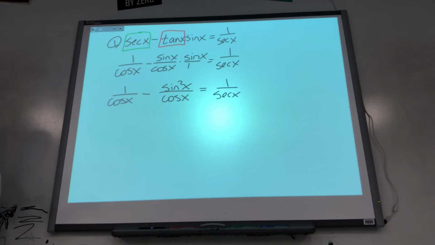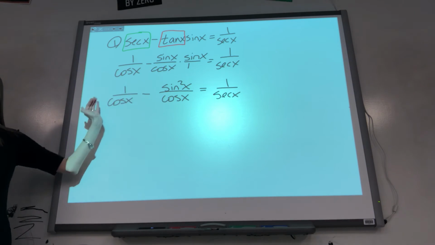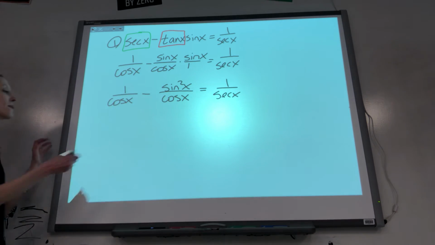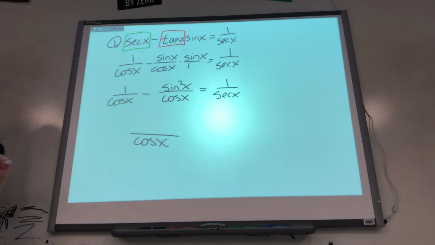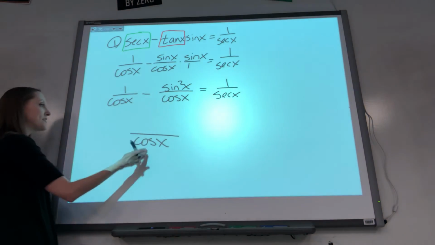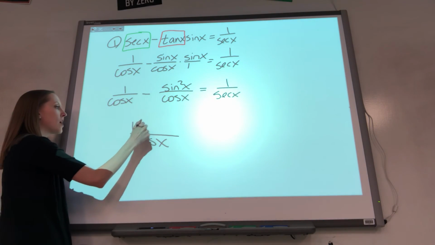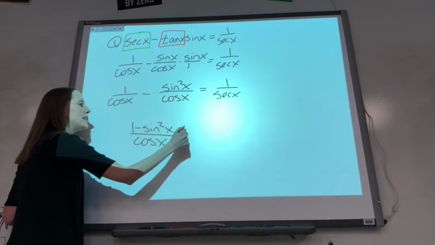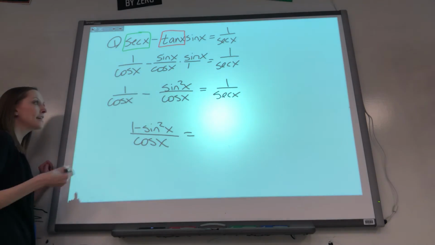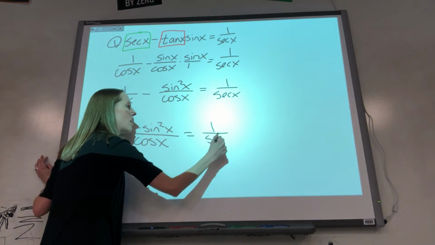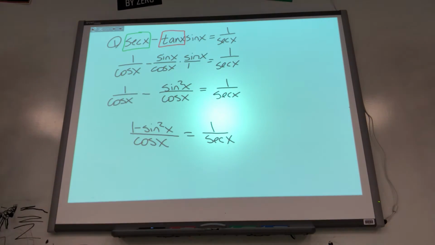With number 3 from the notes, we had to get common denominators to put these fractions together. These already have a common denominator. So I'll put cosine of x on bottom, and now it says 1 minus sine squared on top.